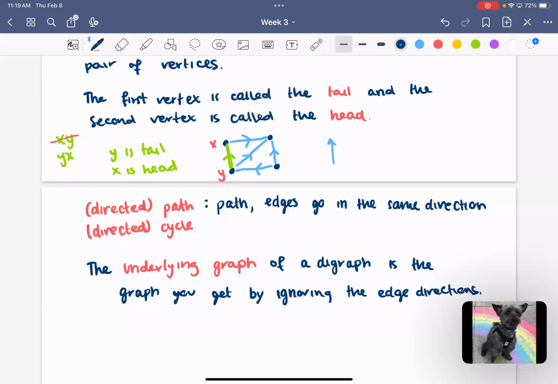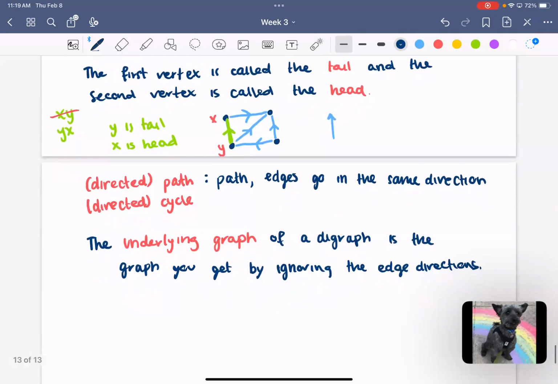And then to go in the other direction, so if you start with a graph and you want to obtain a digraph from it, then you would refer to the extra data that you need as an orientation.